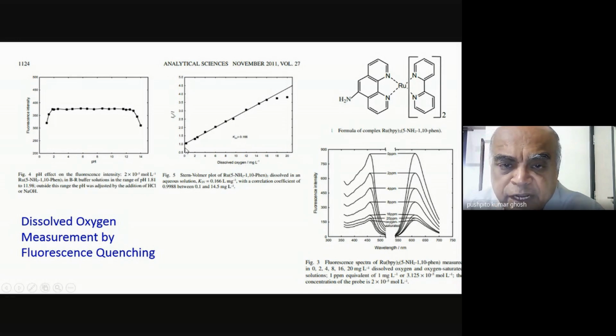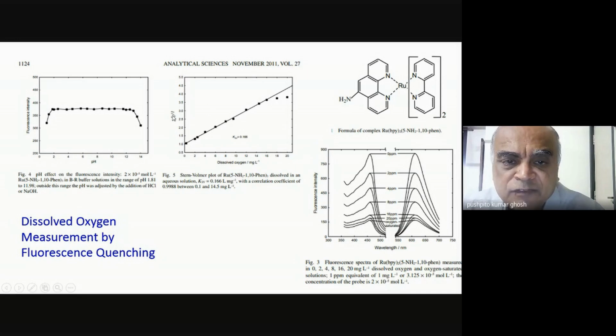So you can create a calibration plot and see up to which point you get a good correlation between your I0 upon I, which is your initial fluorescence intensity divided by your final fluorescence intensity, as a function of the dissolved oxygen.